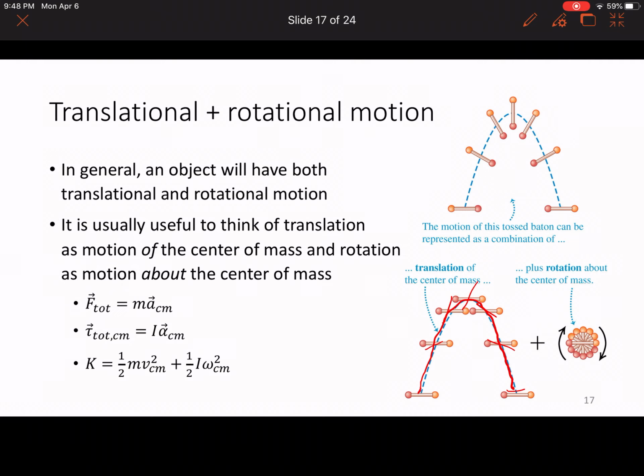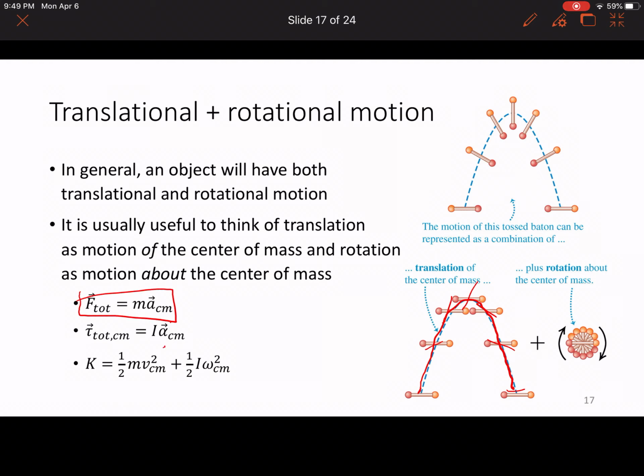And notice throughout the slide I keep saying center of mass. Center of mass plays a very important role in these types of problems. It's your natural axis of rotation. So the best way to always do these is treat the center of mass as the axis of rotation, and then its acceleration is going to be just F equals ma.